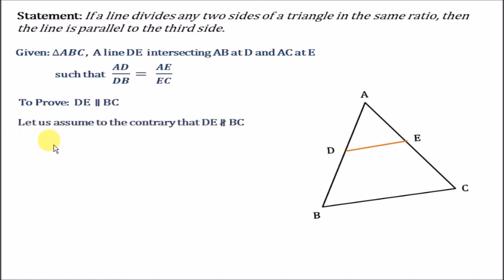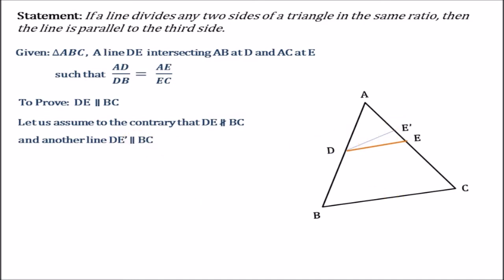In order to prove it, let us assume to the contrary that DE is not parallel to BC, and we will assume another line DE dash parallel to BC.